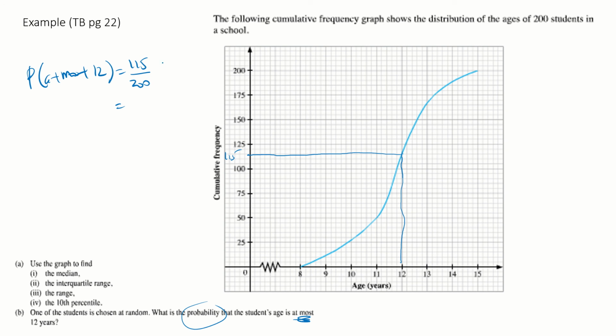But please don't leave your answers like this, because fractions must be simplified. So you divide by 5, 23 over 40. This is the probability in the simplest form. Alright, that's all.